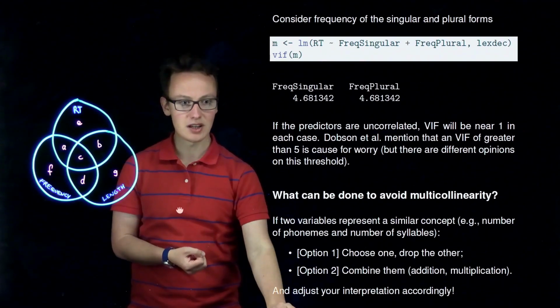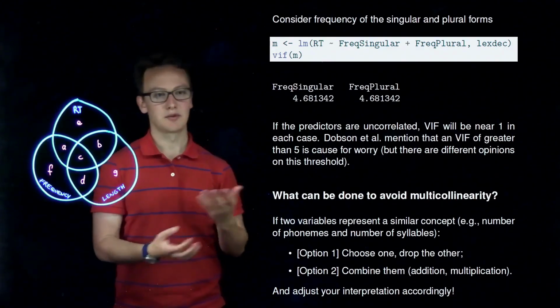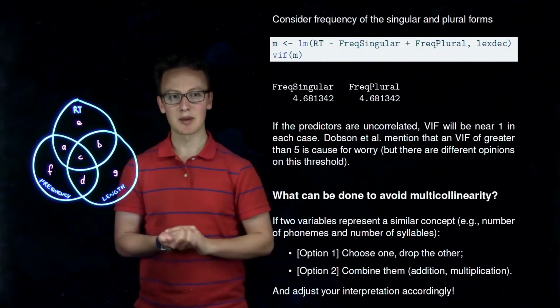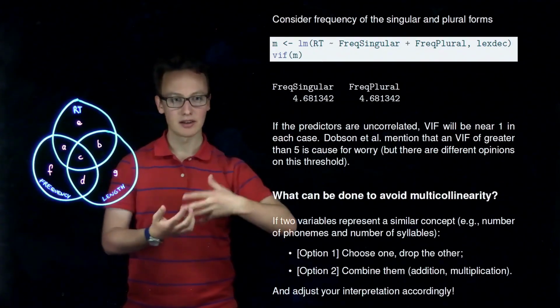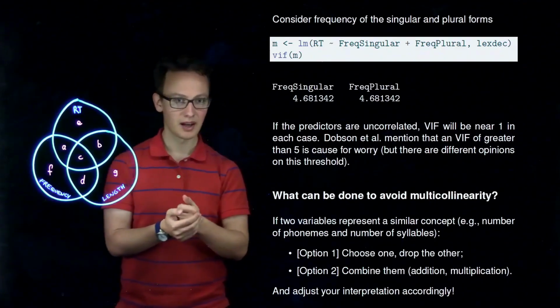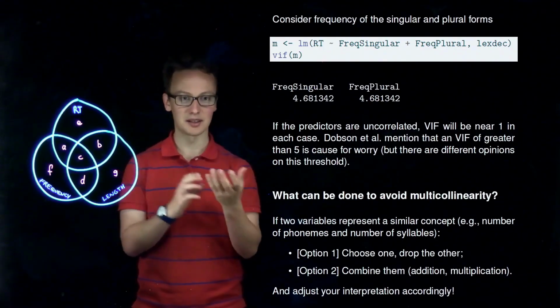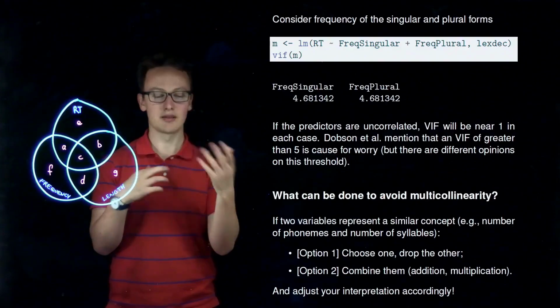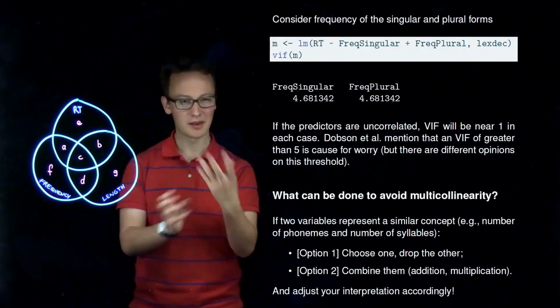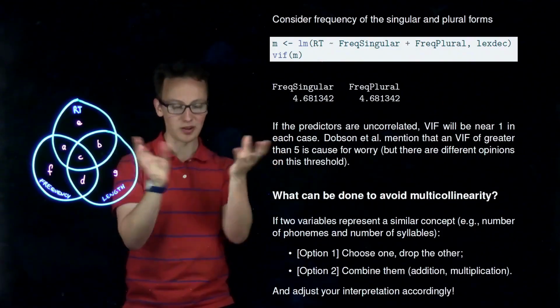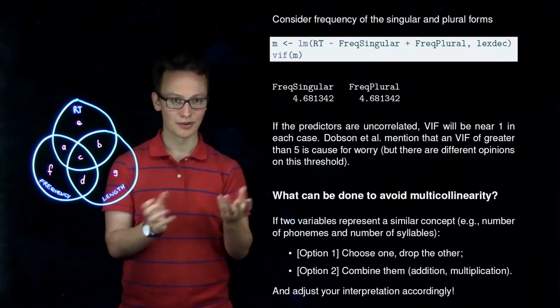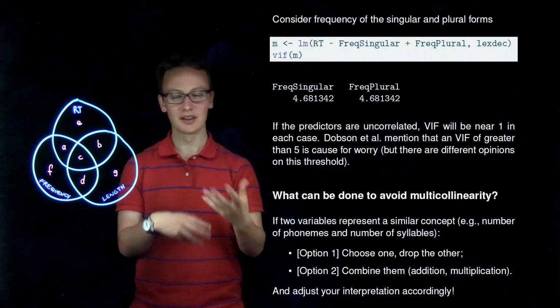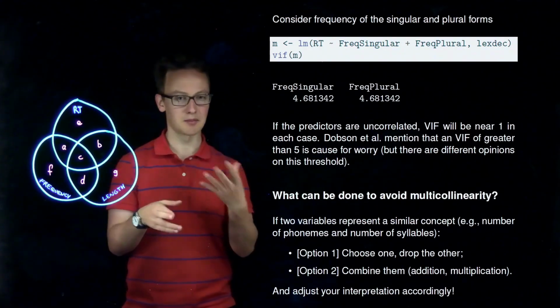Another strategy could be to try to combine them, so maybe to construct a combined metric out of both of them, like add the frequency and the family size together, or multiply them with each other to create a new kind of artificial predictor variable that still encodes information about both of them in some new way.